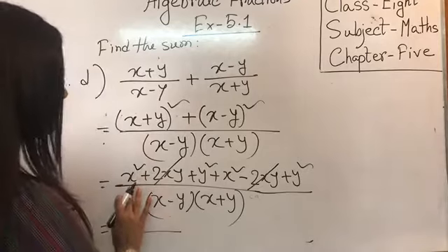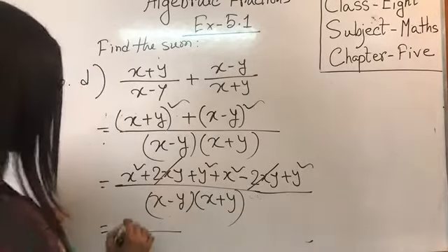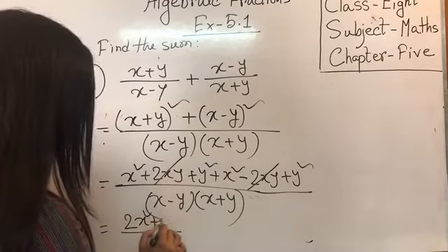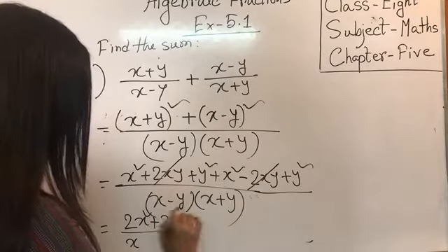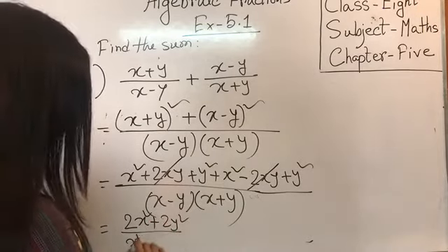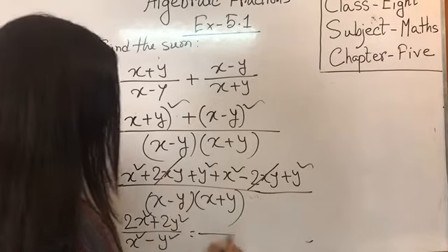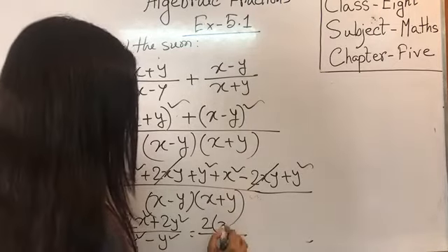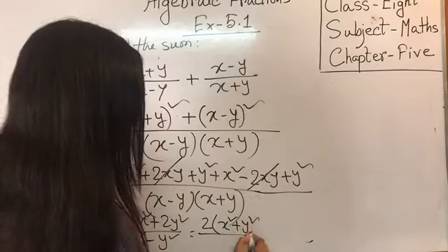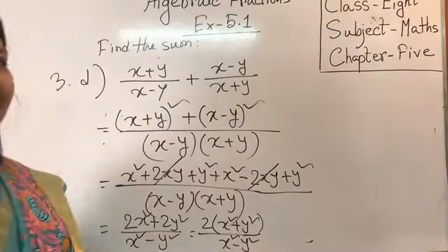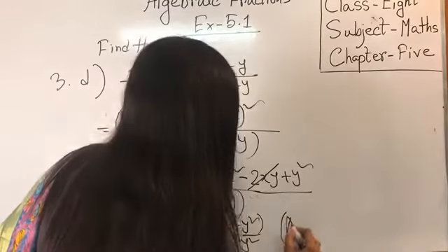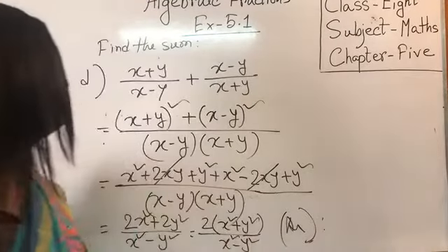Now 2x square plus 2y square, and the denominator I can write in the formula x square minus y square. Take 2 common: 2(x square plus y square) divided by (x square minus y square). So that is the answer.